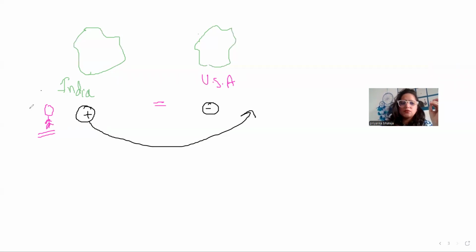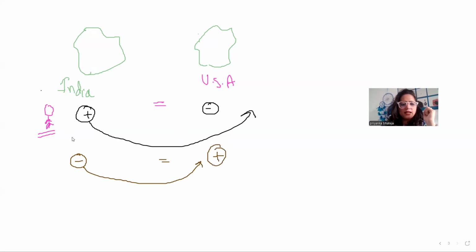So from this, what we learned is whenever we have a positive sign on either side of the equal sign, and we shift it to the other side, it will change into its opposite sign, that is negative. So when there is a negative sign and you want to shift it to the other side of equality, what will it change into? It will change into positive.